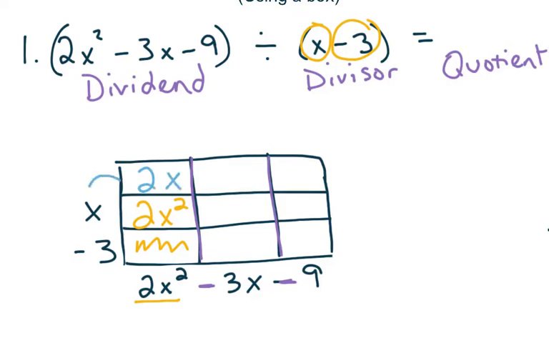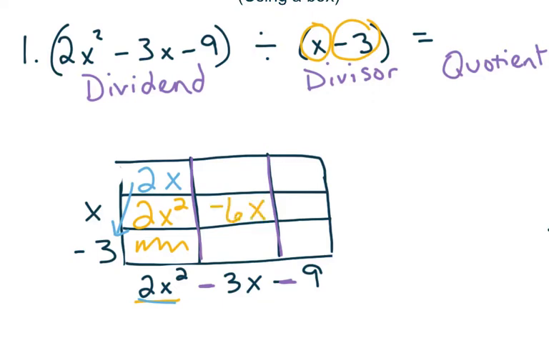So 2x times x gives me 2x squared. Okay, easy enough. Now, I am going to multiply 2x times negative 3, the number in front of my bottom row. 2x times negative 3 is negative 6x.